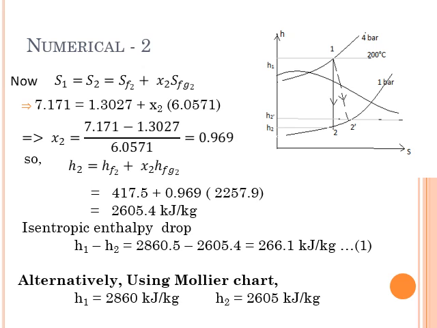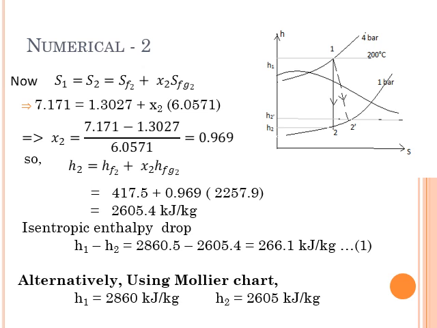Now isentropic enthalpy drop will be difference of H1 and H2, that is 2860.5 minus 2605.4, that is equal to 266.1 kilojoule per kilogram.